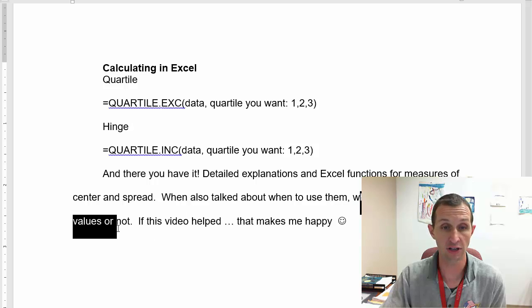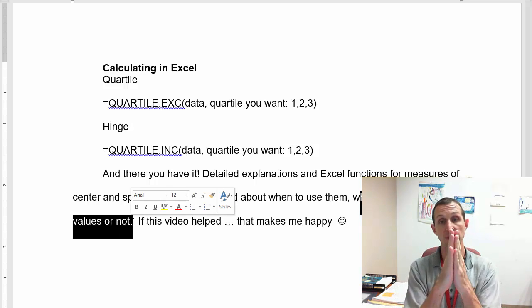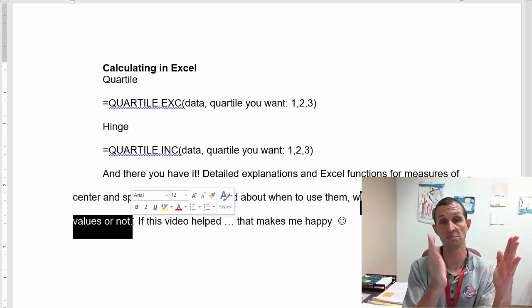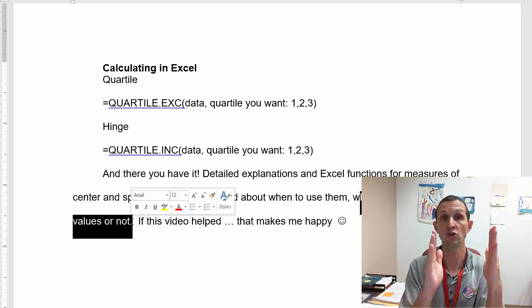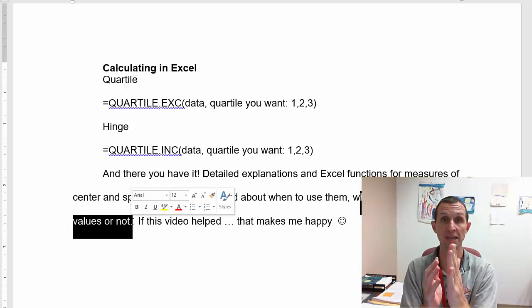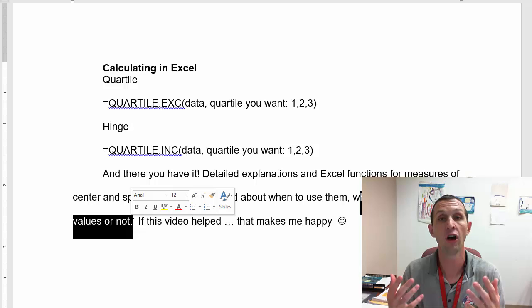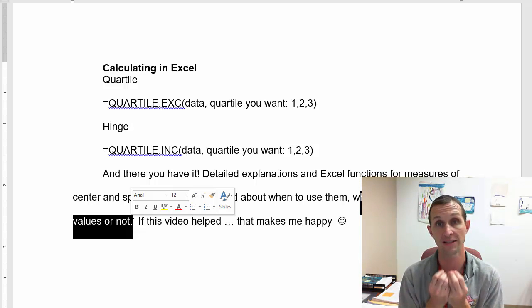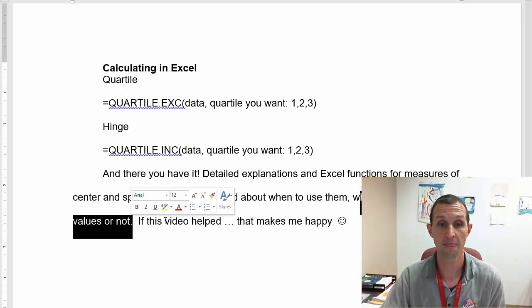And so when there are extreme values, that mean is going to get pulled, so use the median, okay? When you don't have extreme values and the mean and the median are close together, use the mean and the standard deviation, okay? Because that takes into account all of the values, and that's a better thing, okay?